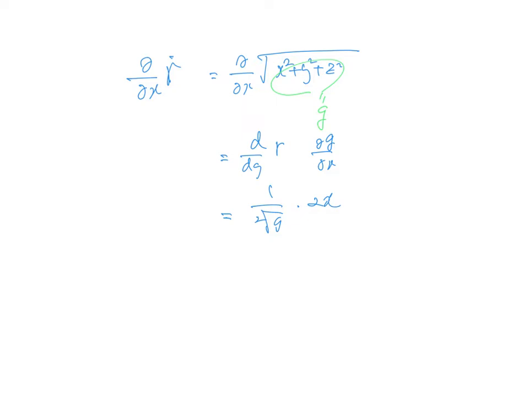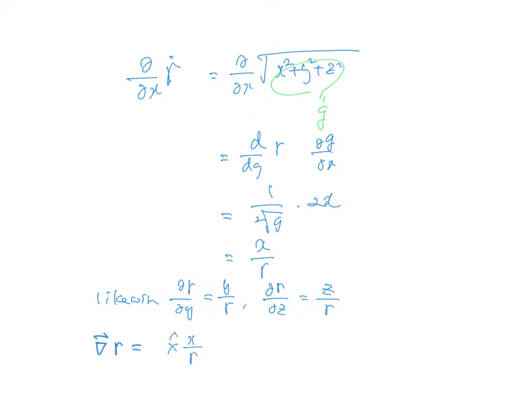And square root of g is simply r, so it's x over r. Likewise partial r partial y is y over r, partial r partial z is z over r. So gradient of r is x over r, y over r, z over r.